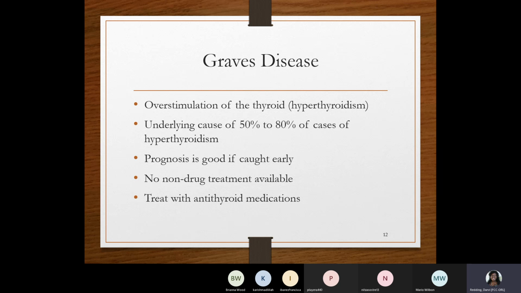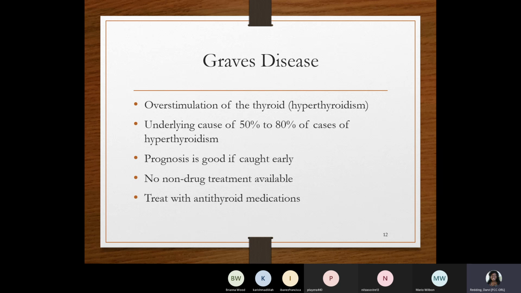Graves' disease is an autoimmune disorder that results in thyroid gland overstimulation that can lead to hyperthyroidism. And so hyperthyroidism is where the thyroid is too high. So always remember, anytime you see hyper, that means high. So hyperthyroidism would mean high thyroids.